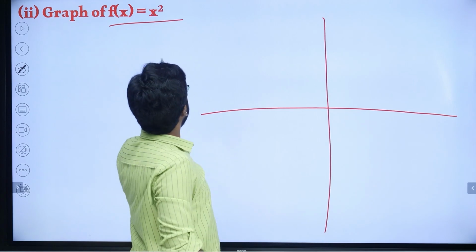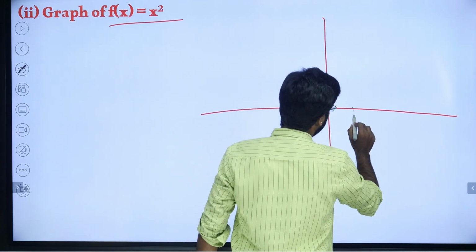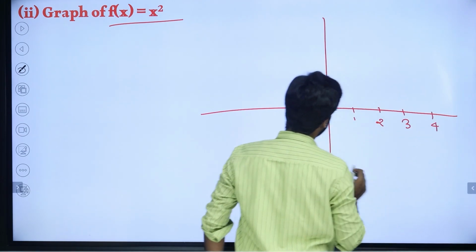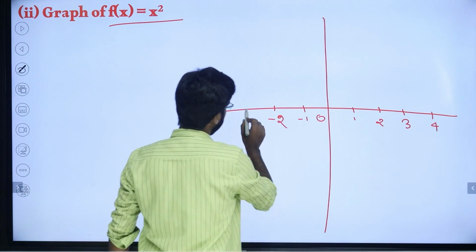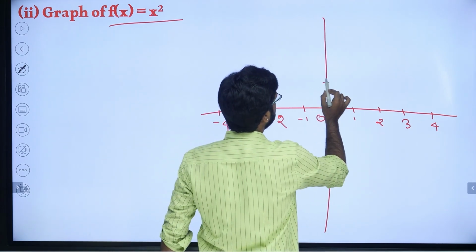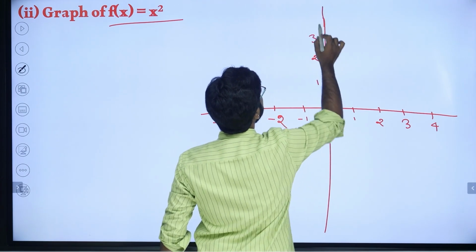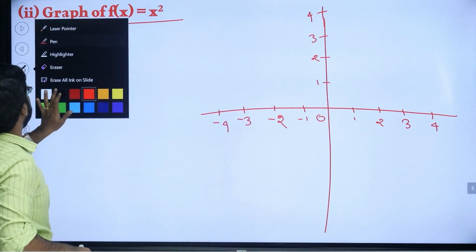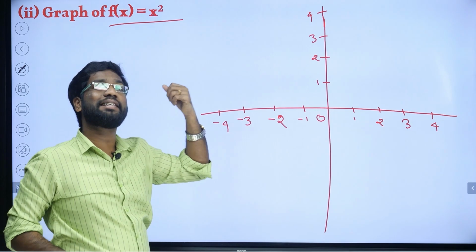So when I plot a graph: 0, 1, 2, 3, 4, -1, -2, -3, -4. Here 1, 2, 3, 4. Let me take black. Now our function is x square.